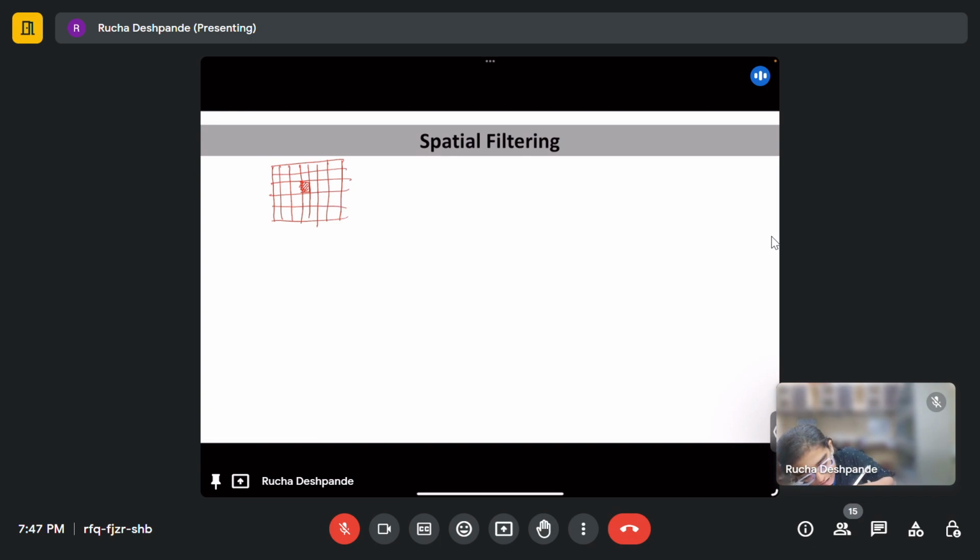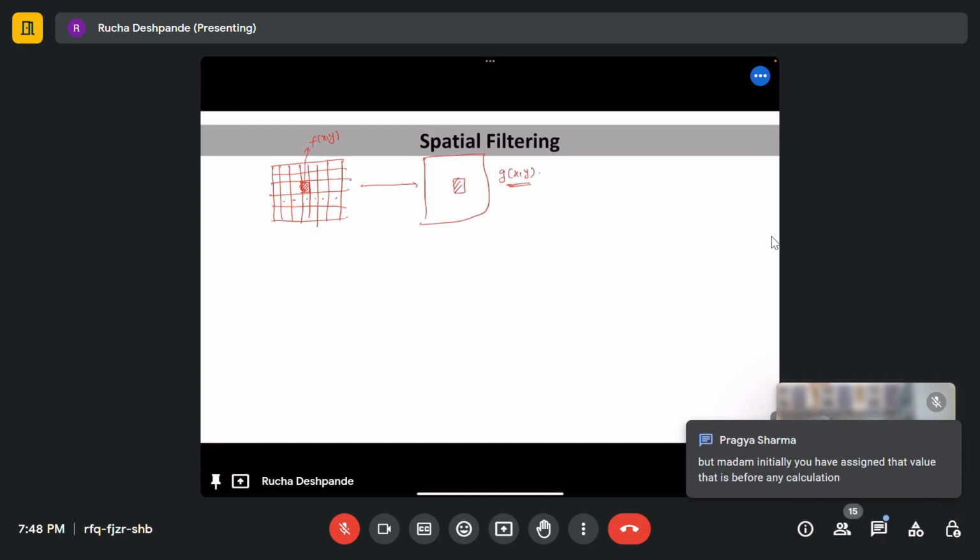Suppose this pixel is f of x comma y. We were doing operations on individual pixels, so this was a point operation. On every pixel we do the same operation, and based on this transformation function we were getting the output g of x comma y.